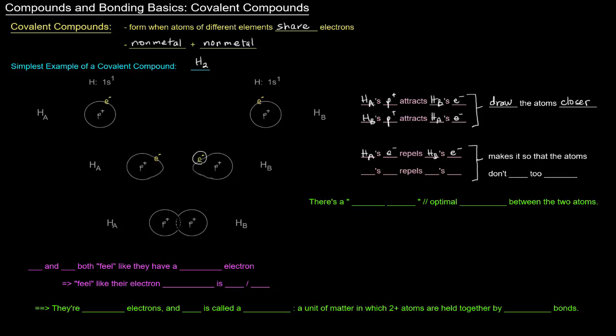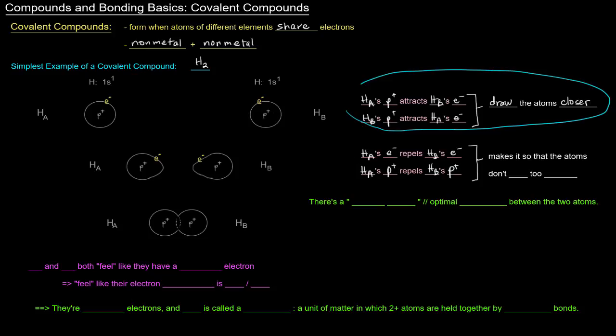And that's not the only repulsive force, right? These protons are like charges. They're going to be repelling each other as well. So HA's proton repels HB's proton. So there's the attractive force between the opposite charges, so that's this right here.